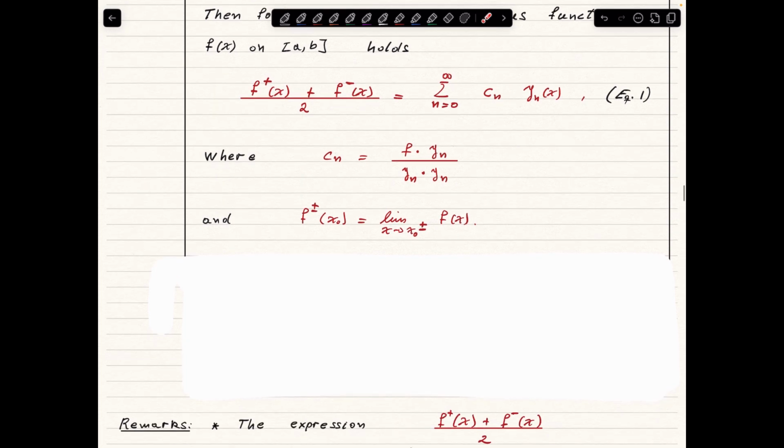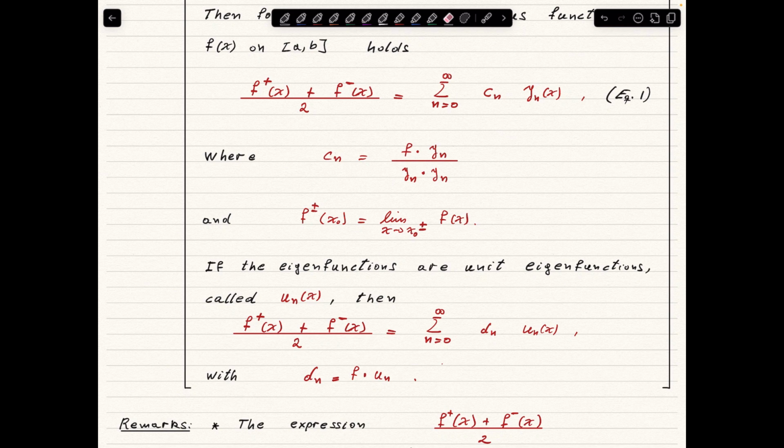The other part of the theorem says that if the eigenfunctions you are working with are unit eigenfunctions, then what we have here is going to be 1. So then let's call these eigenfunctions u of n, unit. Then we still have exactly the same expansion here, but now the coefficient formula doesn't have the denominator because the denominator is 1. That's all. It's a little remark only.